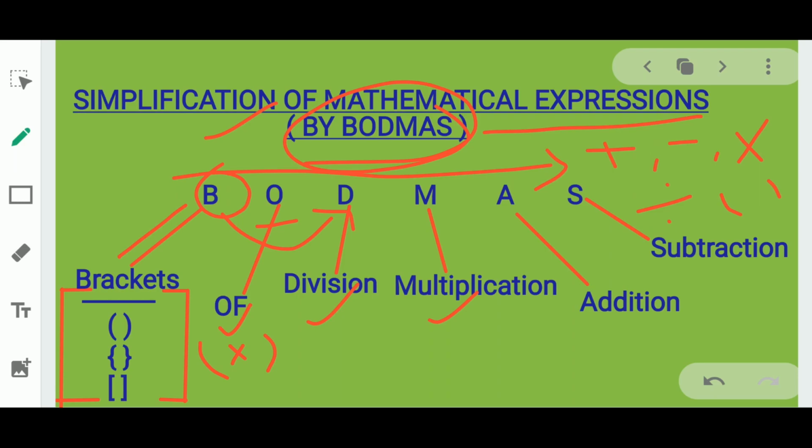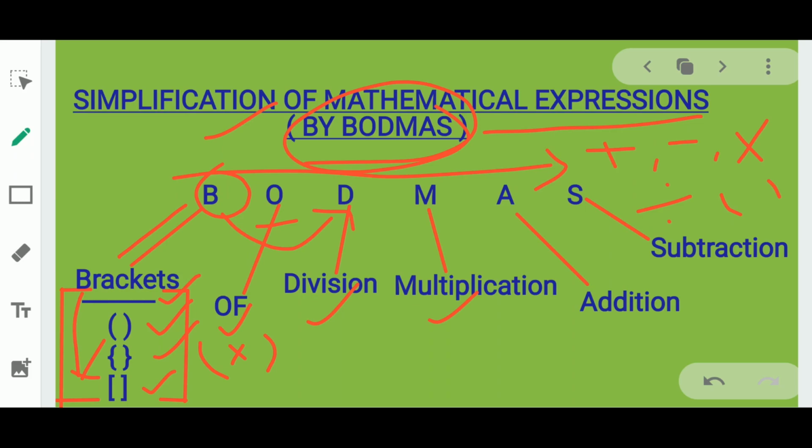Now if we have brackets, then there are 4 types of brackets. The first one is the line bracket, the second one is the small bracket, the third one is called the curly bracket, and the fourth one is called the square bracket, or we can say big bracket. तो brackets का भी sequence solve करने का यही होता है. First of all, if a line bracket is present, then we have to solve the line bracket first.